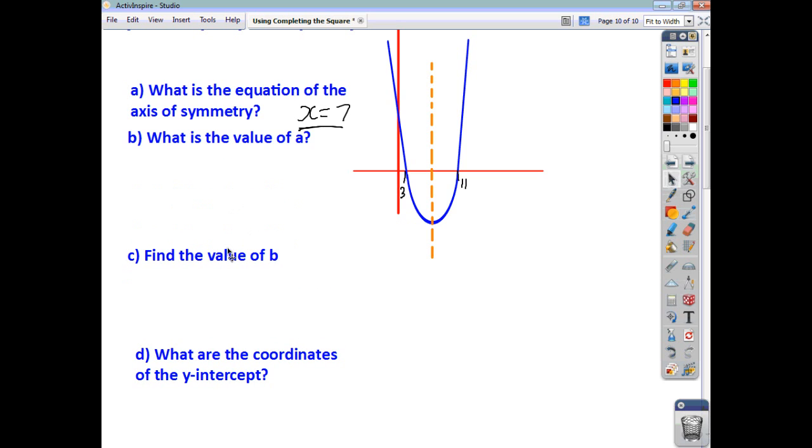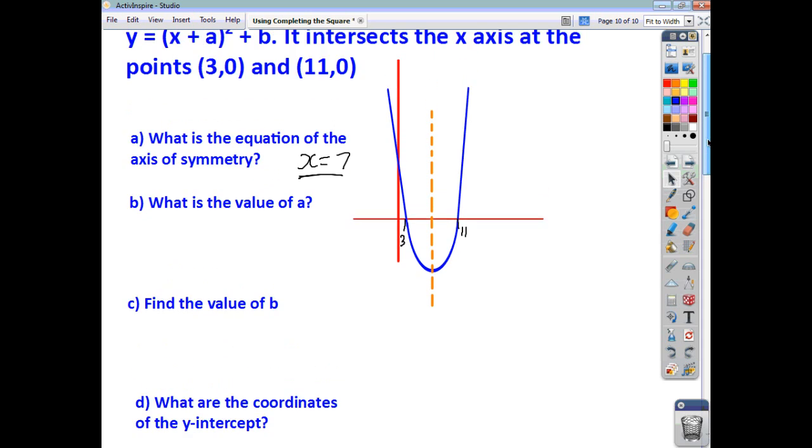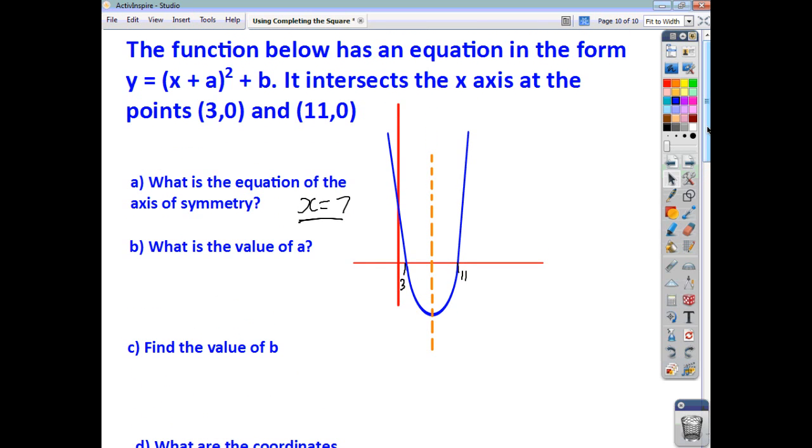We're then asked to find the value of a. Now, what is a? If we go back and look at the question, a is the value that is within the bracket. Now, if our turning point is on the axis of symmetry, we know the turning point is going to have an x value of 7. So it's going to be (7, something).